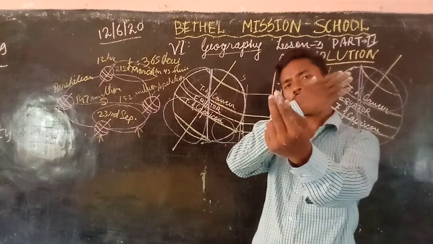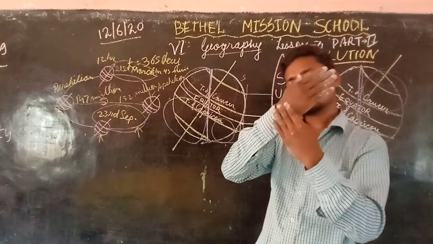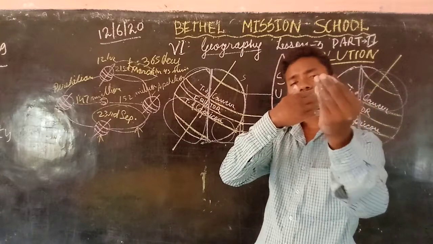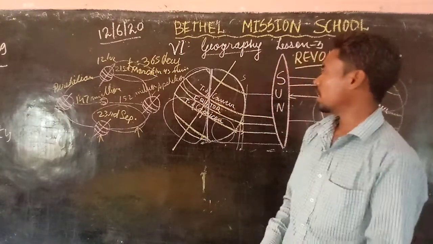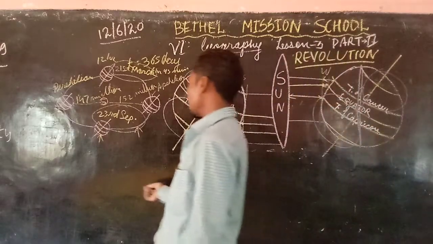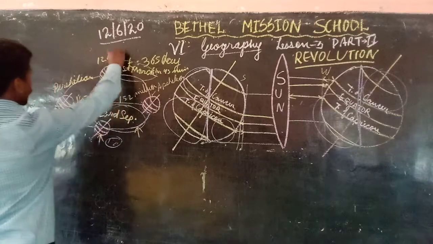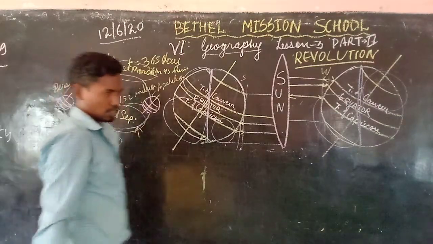It is not facing the sun. You see that this is the North Pole and this is the South Pole. Both are at equal distance from the sun. Okay. So therefore, we have equal days and equal nights. That means 12 hours of day and 12 hours of night during 21st March and 23rd September.